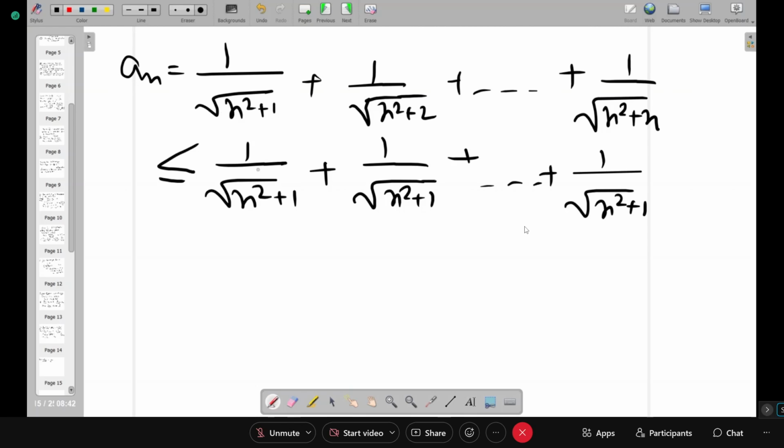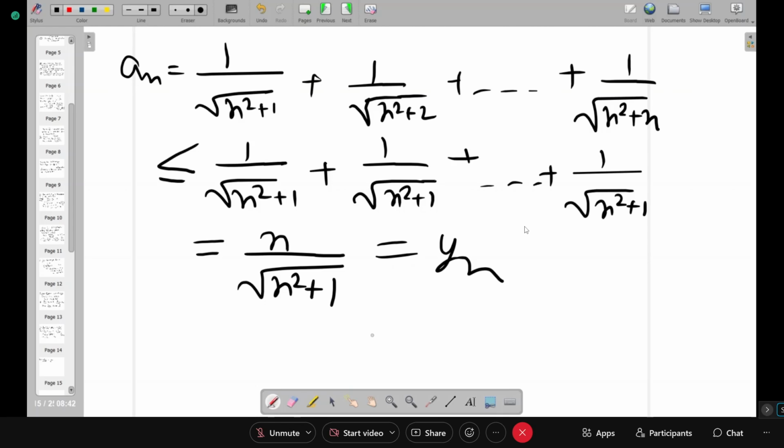So this is less than or equal to n times 1 upon n square plus 1, our yn. So the given sequence is an, and we have found the yn sequence and the xn sequence.